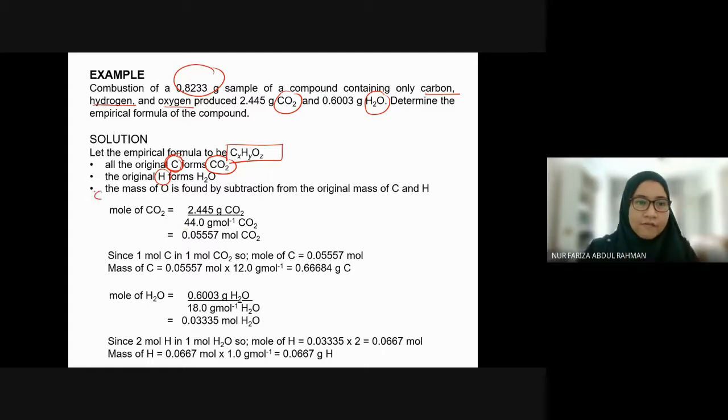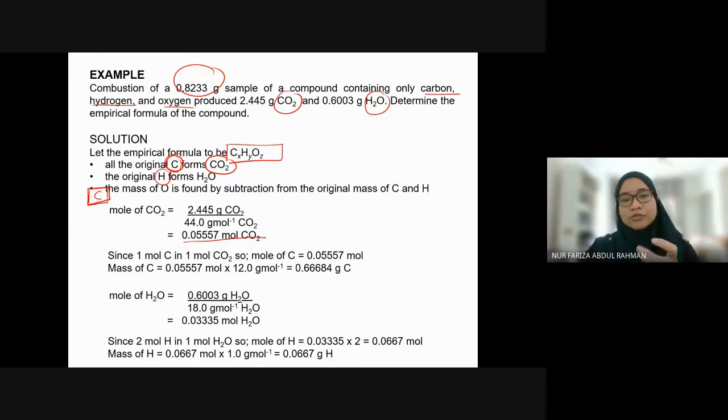Let's solve for carbon first. Our mission is to find the mass of carbon. We have the mass of carbon dioxide just now, so find the mole. So we have the mole of carbon dioxide. Next would be the relationship.